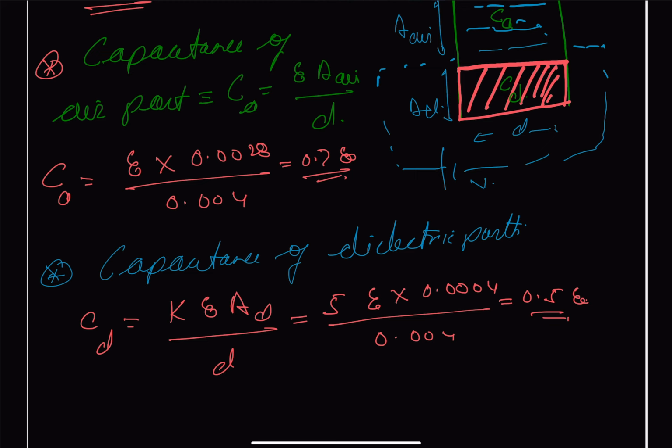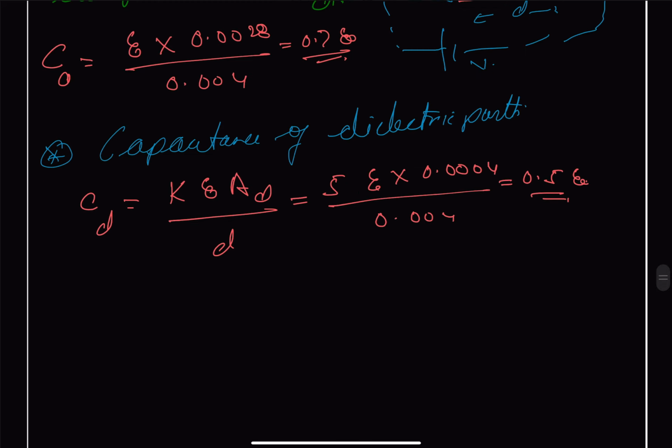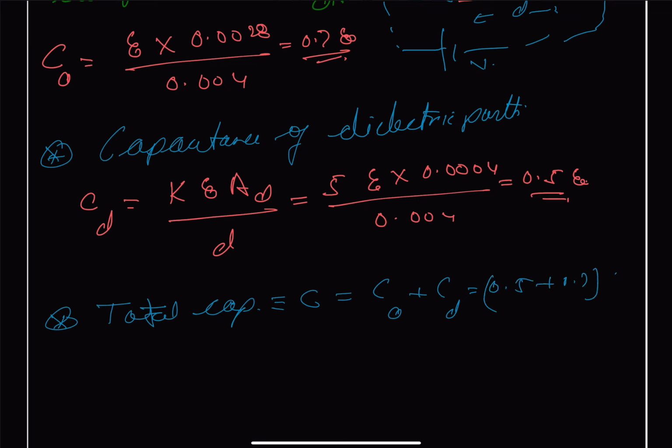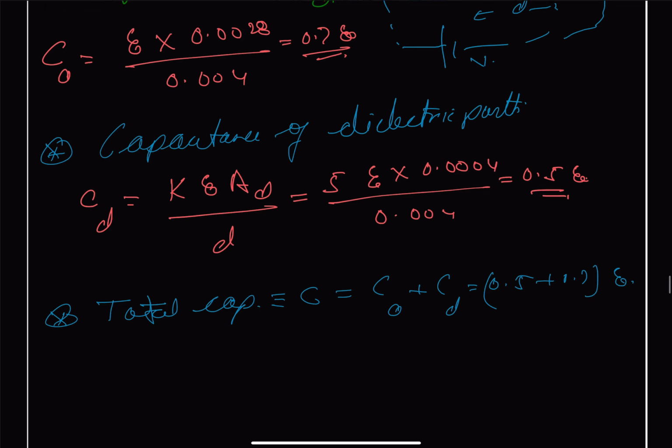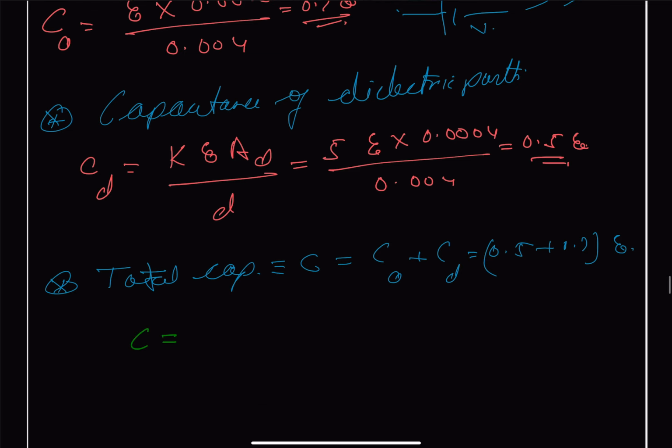So total capacitance, as they are in parallel, C will be equal to C of air plus C of dielectric, which is 0.5 plus 0.7 epsilon naught. So we get C is equal to 1.2 times epsilon naught.